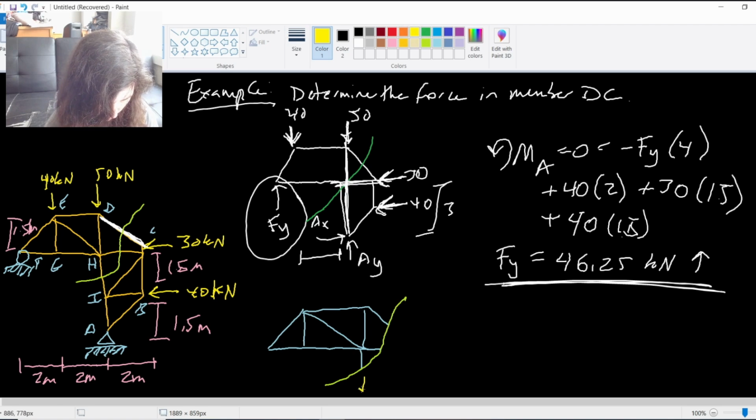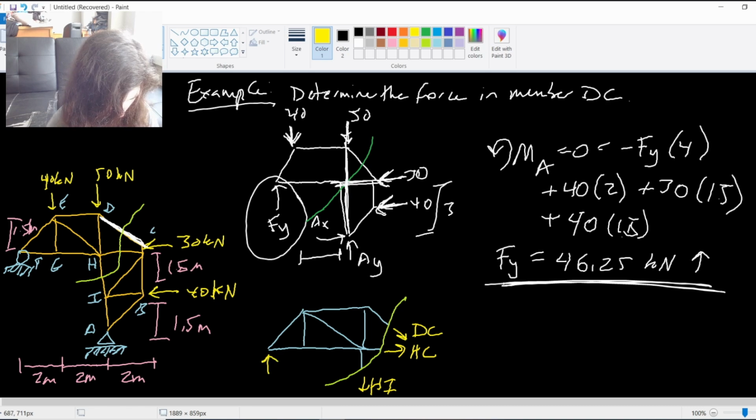I have the force through member HI, force in member HC, and then the force in member DC, along with those applied forces.